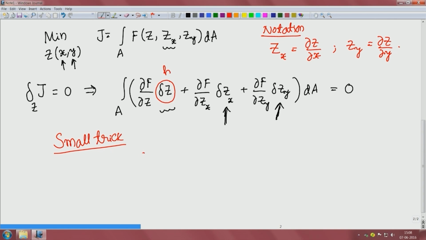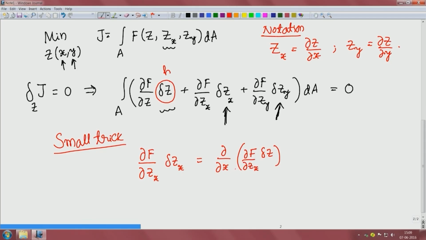So, what we do is we write dou f by dou z_x times delta z_x as dou by dou x of dou f by dou z_x into delta z.